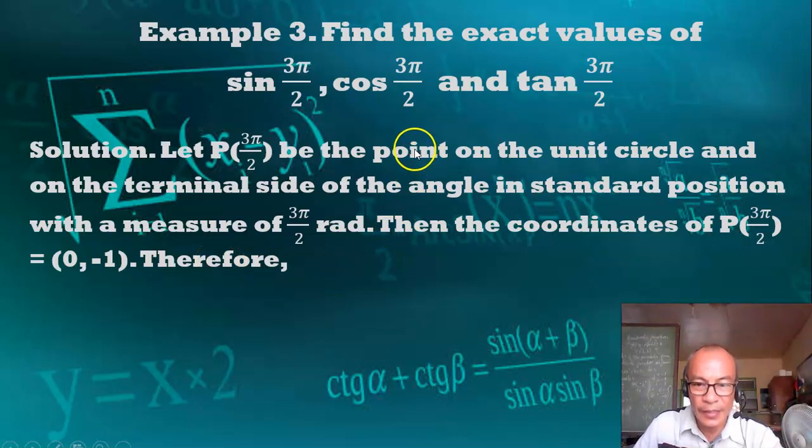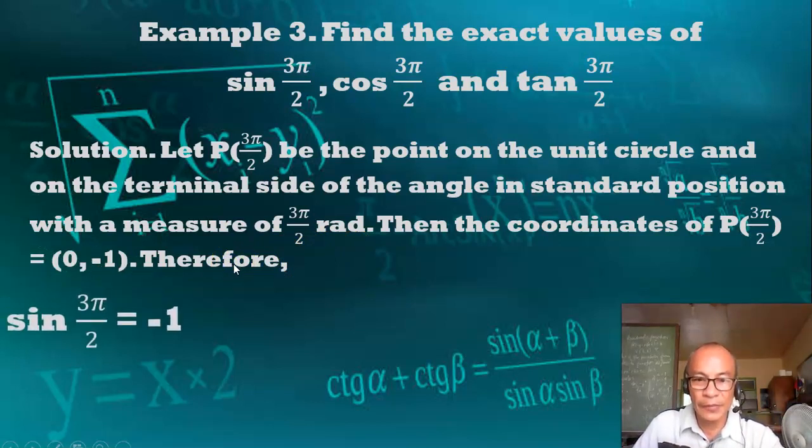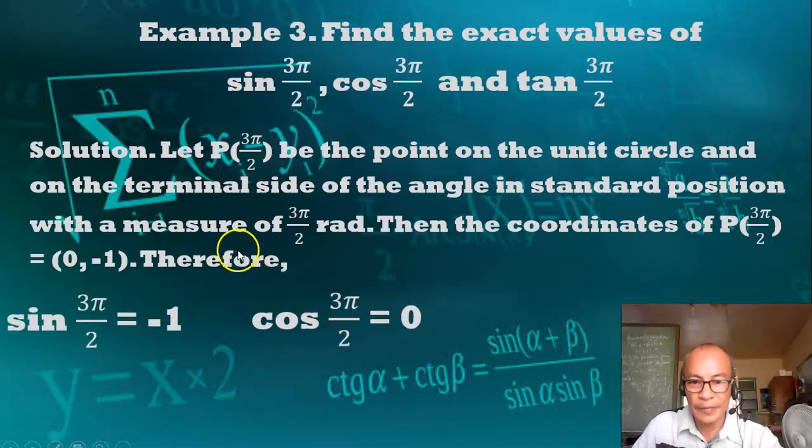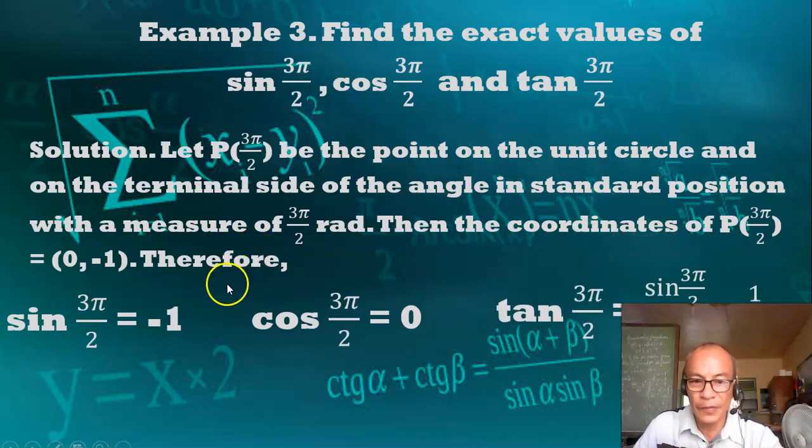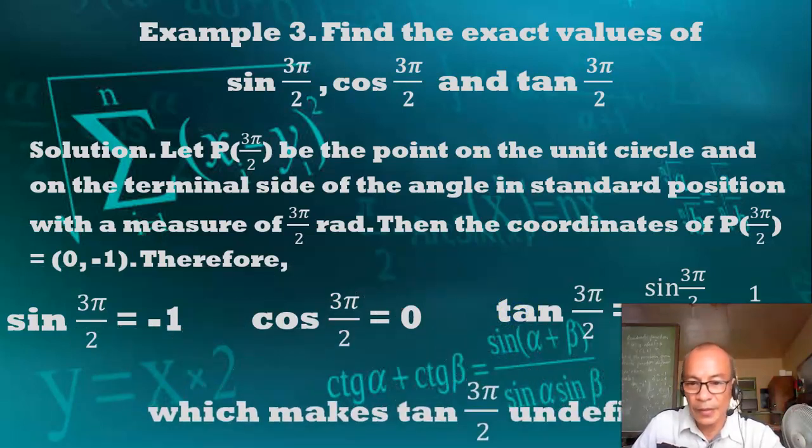So, nasa vertical po siya, yung bandang ibaba ng y-axis. So, sine 3 pi over 2 is equal to negative 1. Cosine 3 pi over 2 is 0. And tangent 3 pi over 2 is equal to sine 3 pi over 2, that is equal to negative 1, all over cosine 3 pi over 2, which is 0. So, we have the value which is undefined.